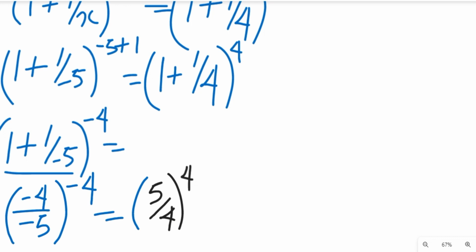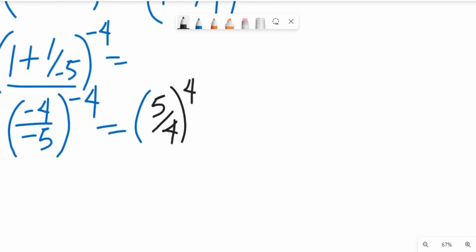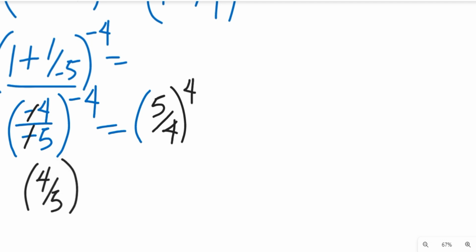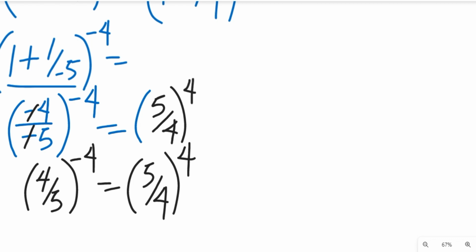Having simplified that, this expression here will now give us, the negative sign will clear the negative sign. So we'll have our 4 divided by 5 all to the power of negative 4 to be equal to 5 divided by 4 all to the power of positive 4.